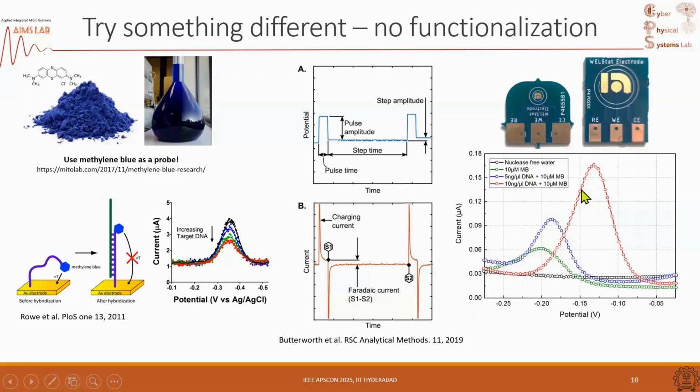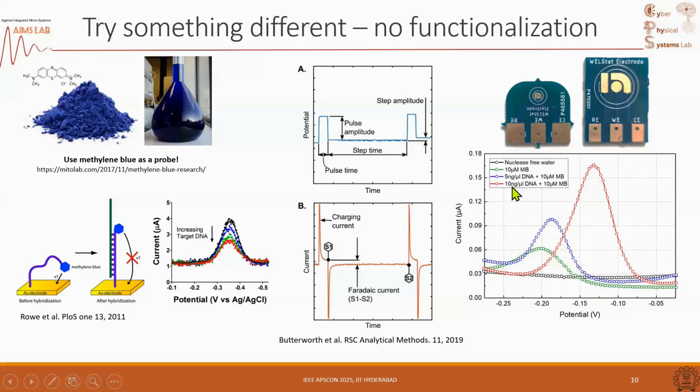So we are comparing only methylene blue to methylene blue and DNA added together, allowing the methylene blue to bind, and then doing the measurement. Unlike the earlier slide, where the current should reduce if the DNA concentration increases, here you see the opposite happening as the DNA concentration increases. The blue is 5 and red is 10 nanogram per microliter.